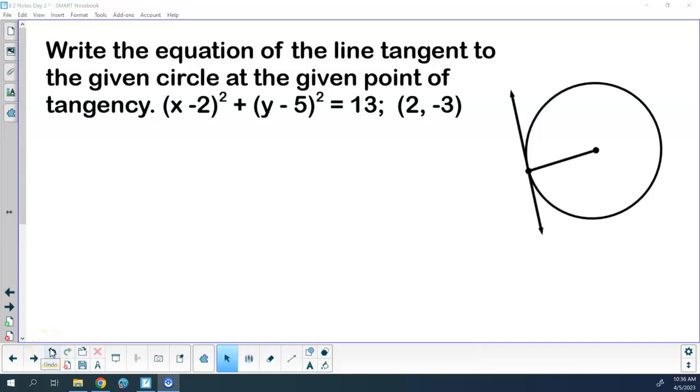So we know this point right here is (2, 5), and this point is (2, -3).